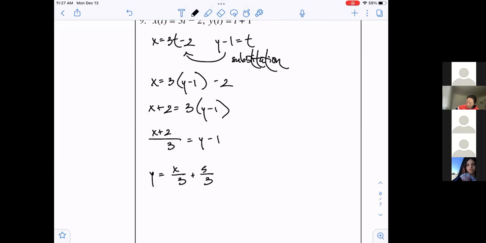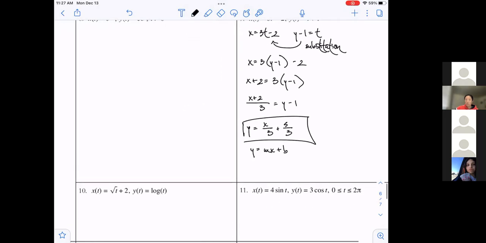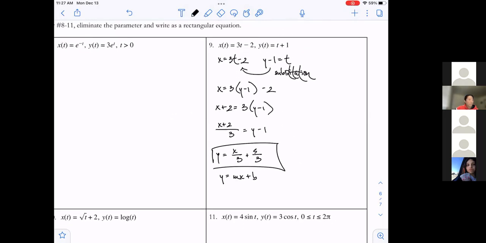And all of a sudden, I have very clearly a y equals mx plus b situation. Okay. So lots of different tricks that we can try.